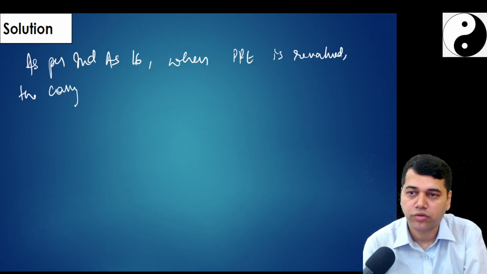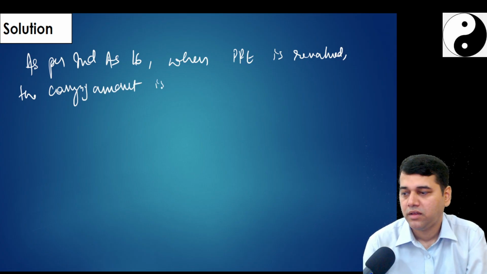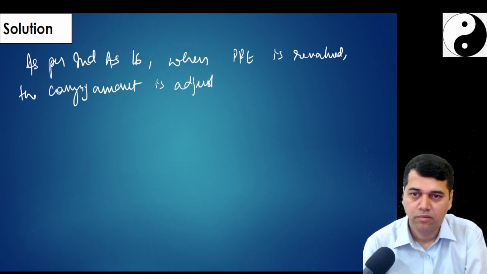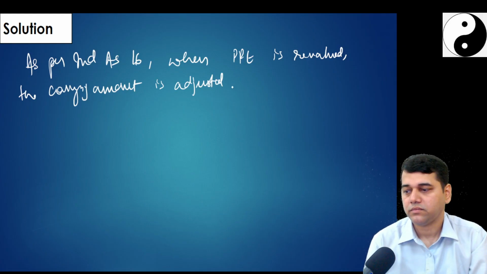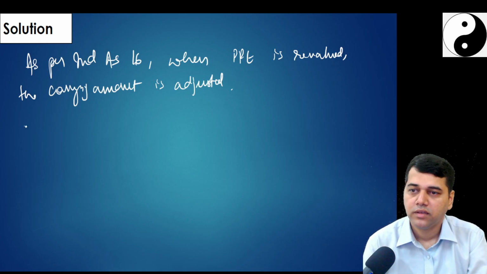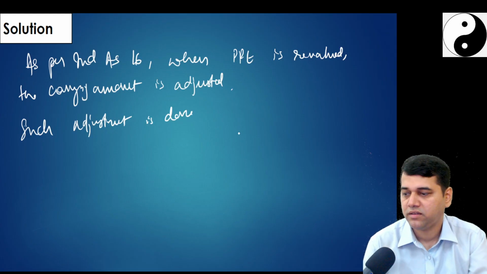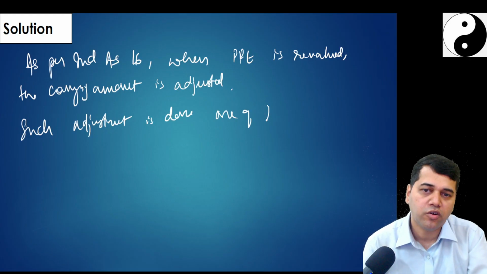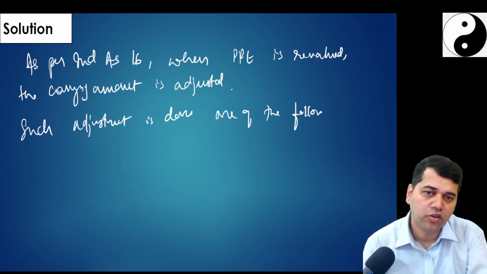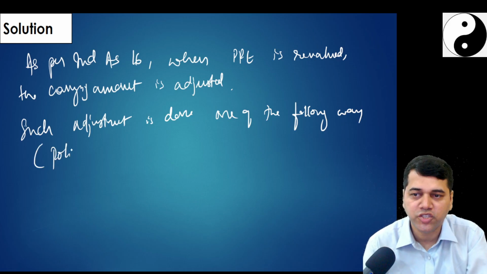The carrying amount, book value in layman language, carrying amount in the standard language, is adjusted. Such adjustment is done in one of the following ways. In bracket you can write policy choice.